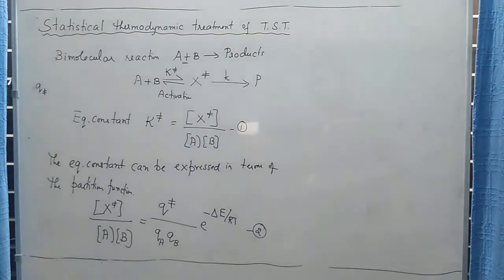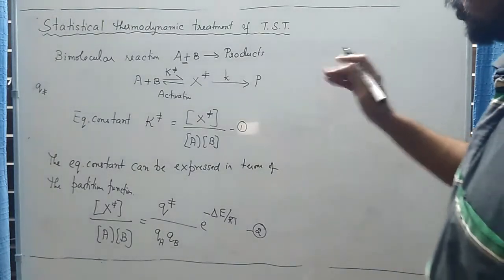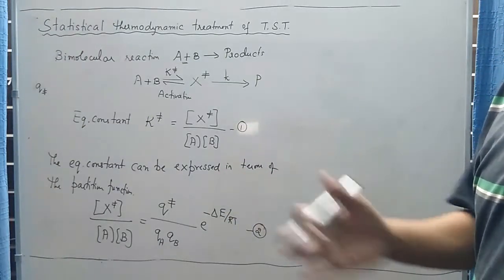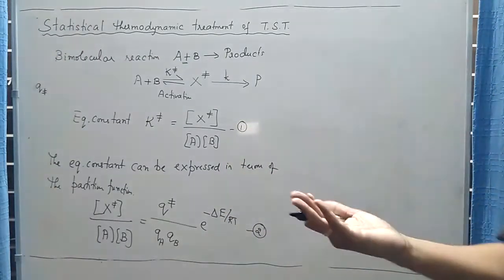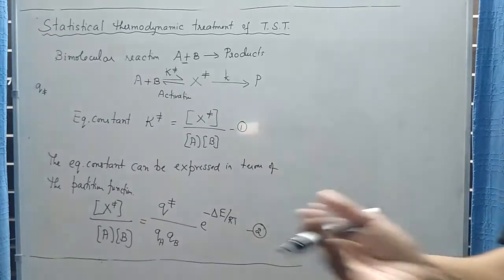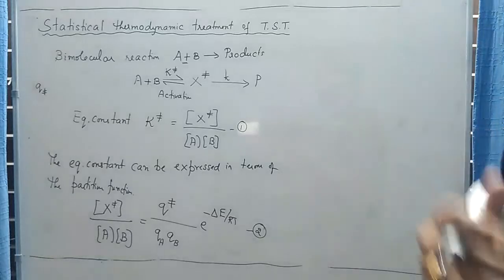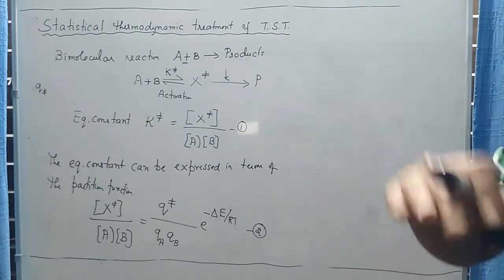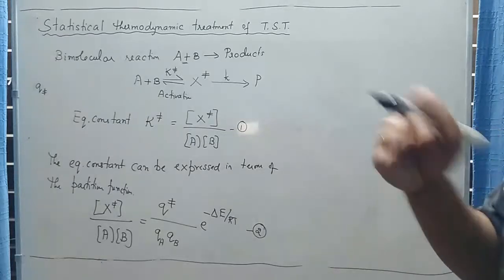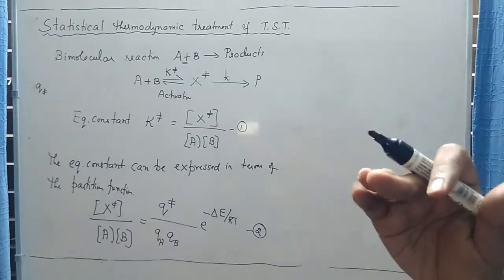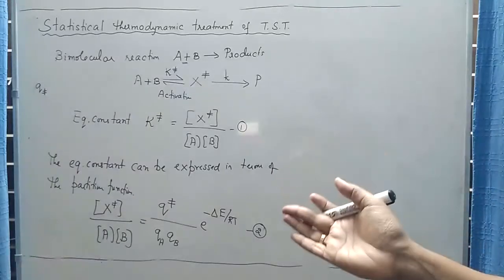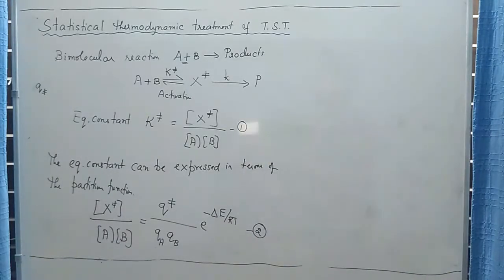So here also we are assuming that the overall partition function corresponding to all degrees of freedom can be written as a product of two partition functions. One, the partition function corresponding to the loose vibration. Second, the partition function corresponding to all degrees of freedom except the loose vibration.